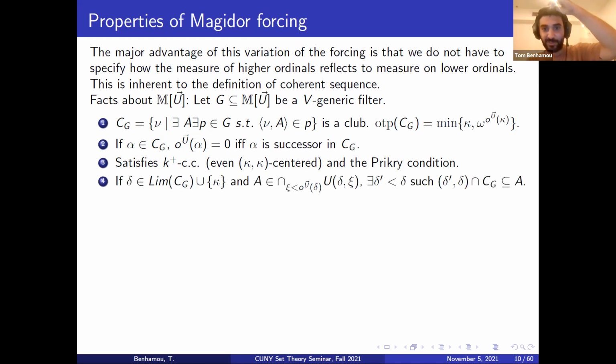And now condition 4. Basically this is a kind of Mathias criterion for Magidor generic sequences. This is one direction of it, which we're going to use.